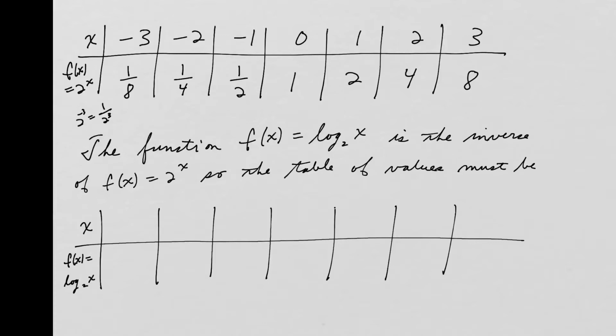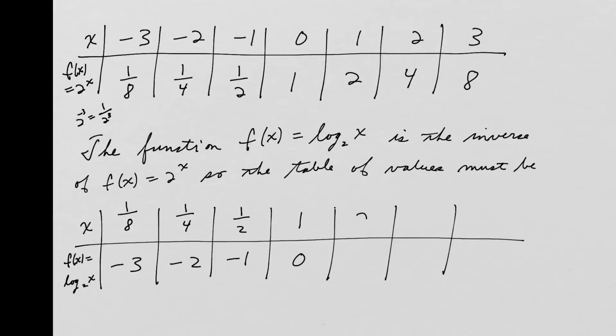So now what I'm saying is if the input to the log is 1/8, what's the output? It must be -3, right? If the input to the log function is 1/4, then the output must be -2. Right? That's what it means to be an inverse function. So if this is 1/2, this is -1. If this is 1, then the log of 1 is going to be 0.